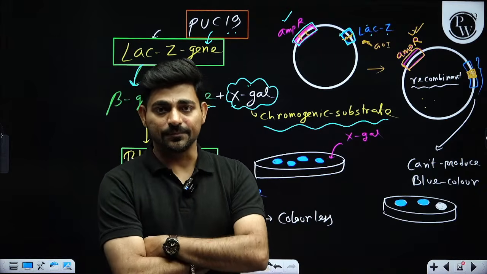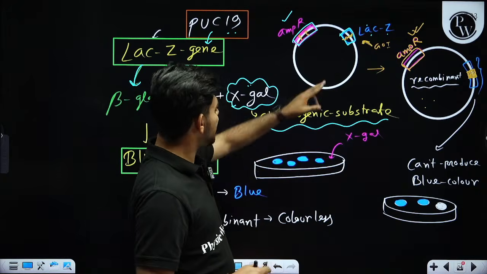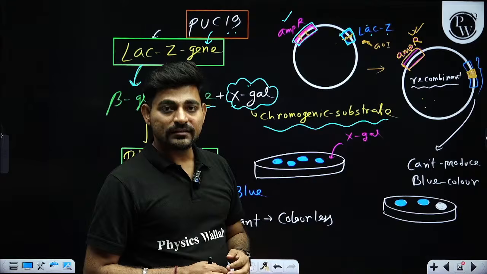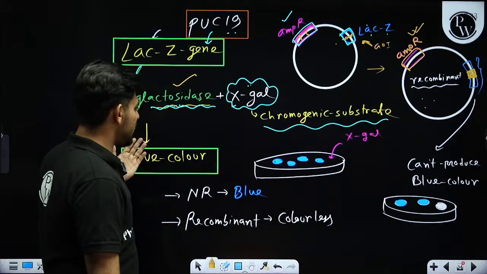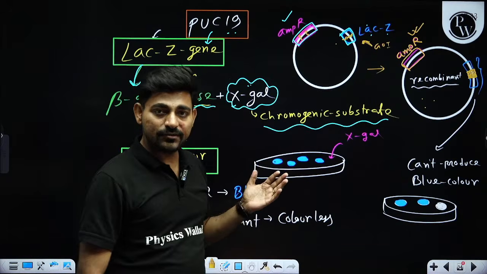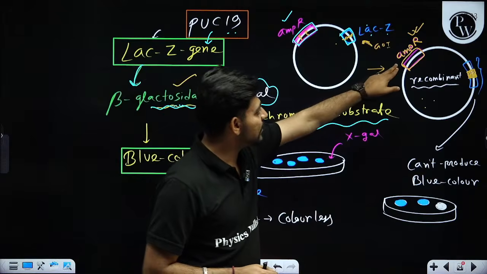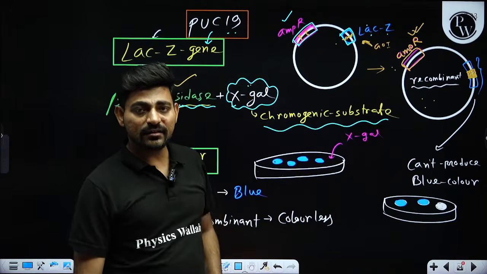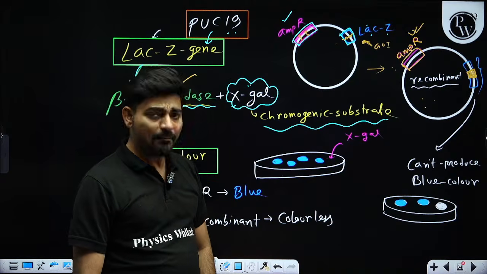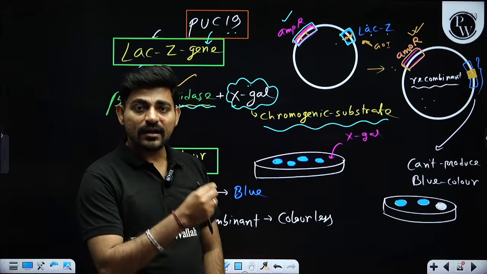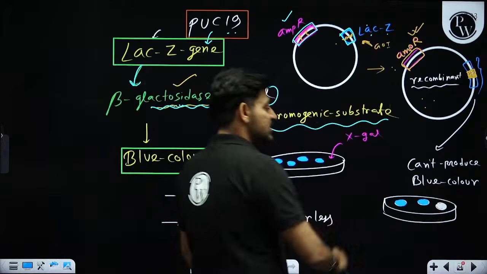Now, if you insert the gene of interest inside the lacZ gene, there will be insertional inactivation of lacZ. lacZ cannot produce beta galactosidase. Whenever you put X-gal into the medium, there will be no production of blue color, but because you already have another selectable marker in that plasmid, that is ampicillin resistance or AmpR, you can confirm whether the bacterial colony is transformed or not, and also by checking the color.